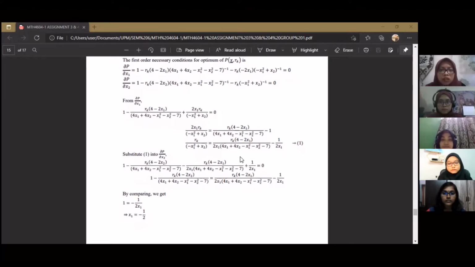And then 2x1 from left hand side, we bring it to right hand side, so that we got the denominator 2x1, 1 over 2x1, and all of this we denote as equation 1.